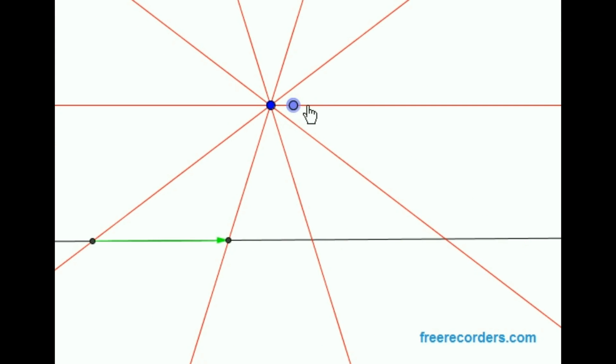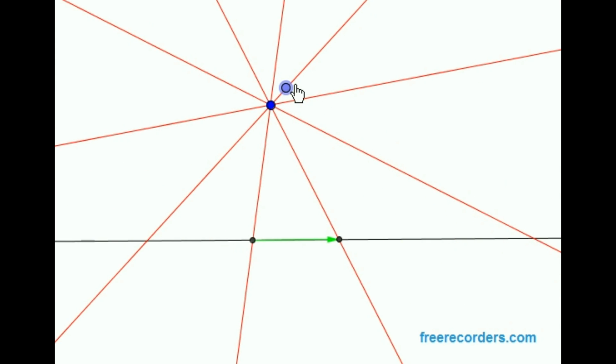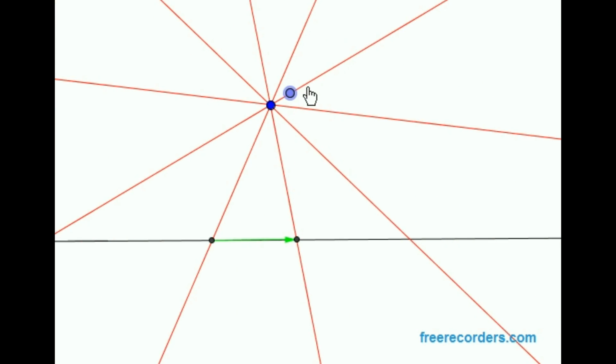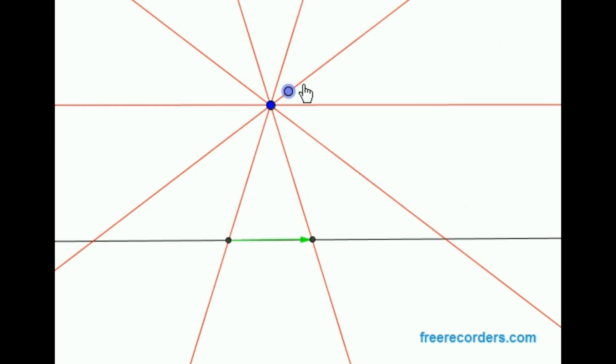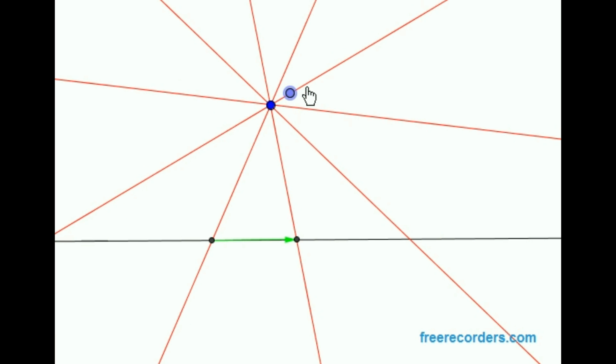So they don't depend on the specific angle, they just depend on the relative positions of the centre of rotation and the line that we're doing the motion of points on.